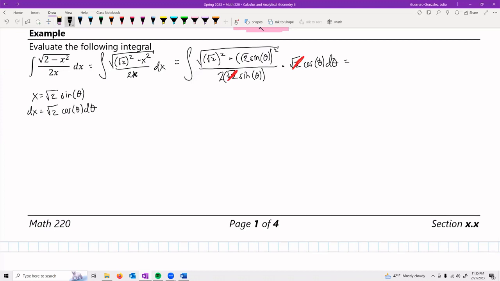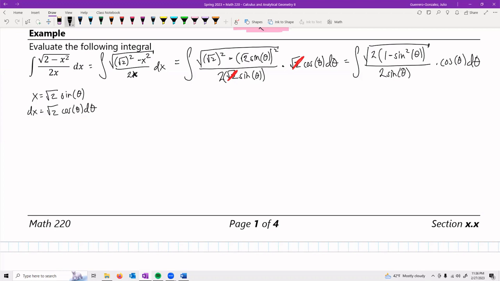I'm going to do some of the math that's happening on the top here. Integral, it's going to be root. Let me not put the lid on it yet. Let me start over. Integral, so it's going to be 2 times 1 minus sine squared theta, and now I'm going to put the lid on it, divided by 2 sine theta times cosine theta d theta. Okay, we're getting there.